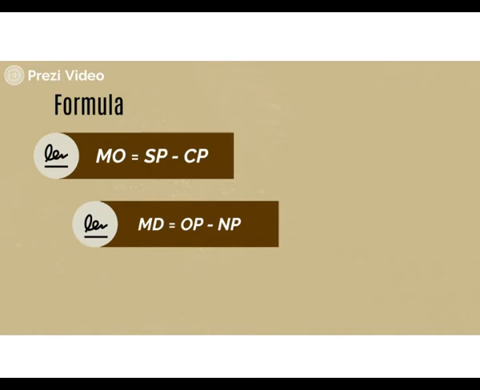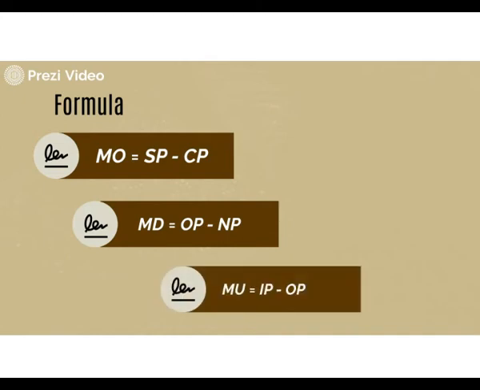Next one, MD, which stands for markdown, is equal to OP minus NP, where OP is the original price and NP is the new price. And then the last one, MU, which stands for markup, is equal to IP minus OP, where IP is the increased price and OP is our original price.